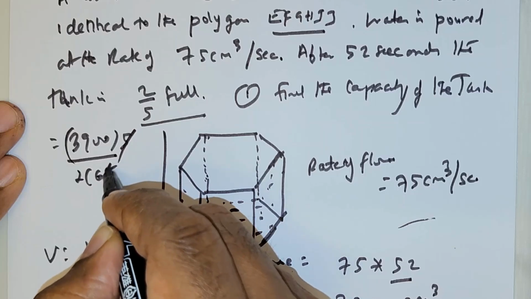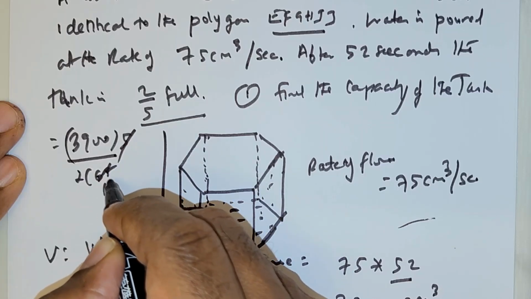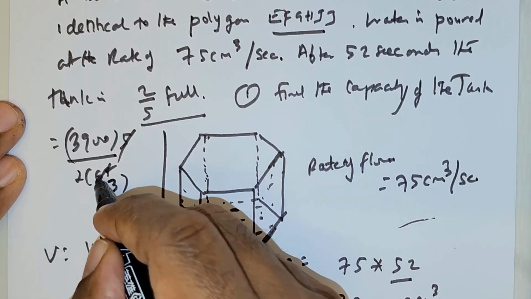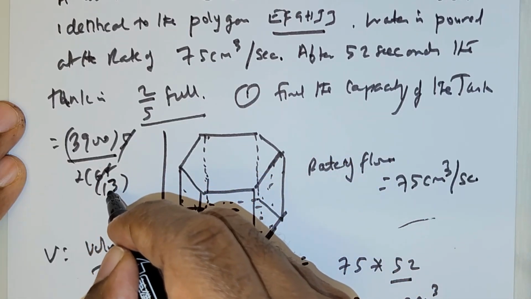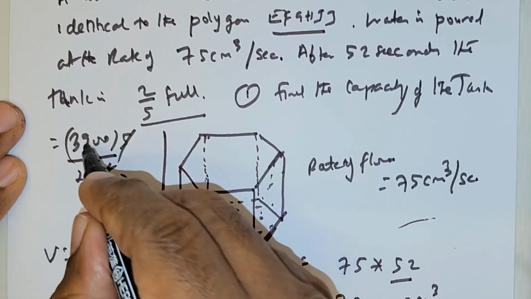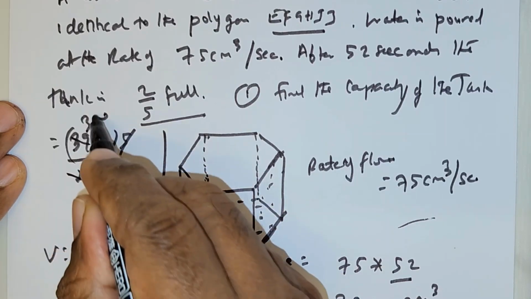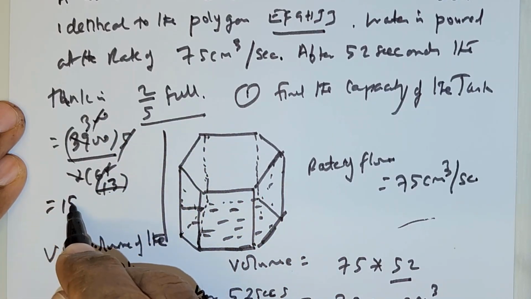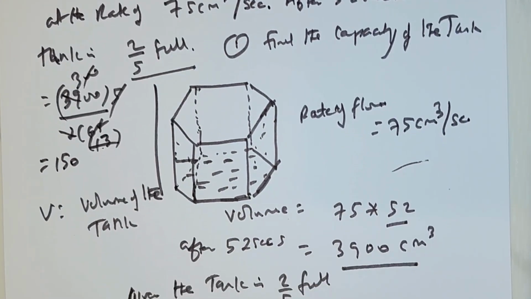Now 5 divides 65 once, and I have 3 there. Now 13 divides 39 3 times. 3 3s are 9, 3 1s are 3. Now 2 divides 3 and 150. So this is the value of h.